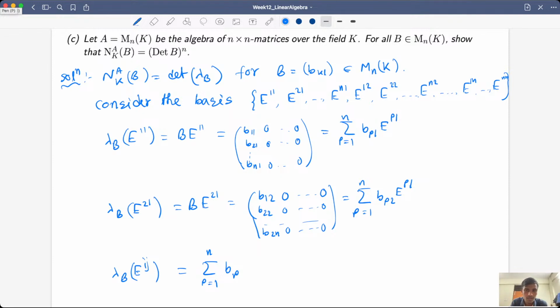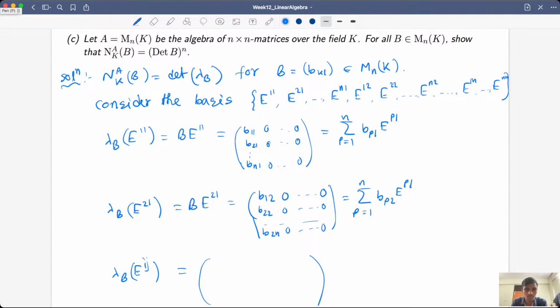So this is just equal to, for the 2 1 entry, the second index j determines where the column will occur.